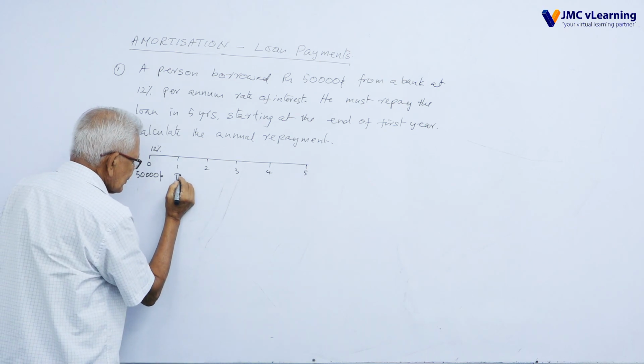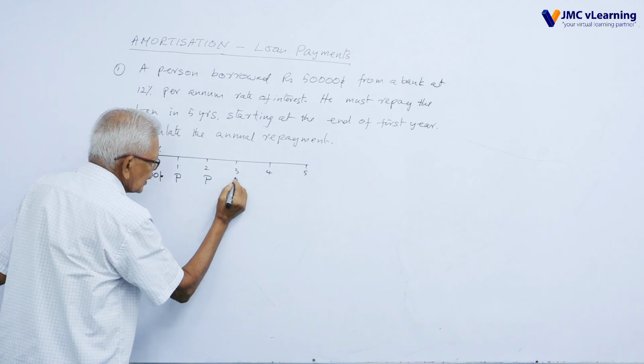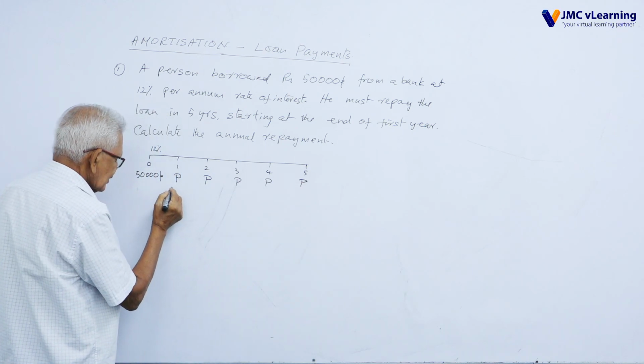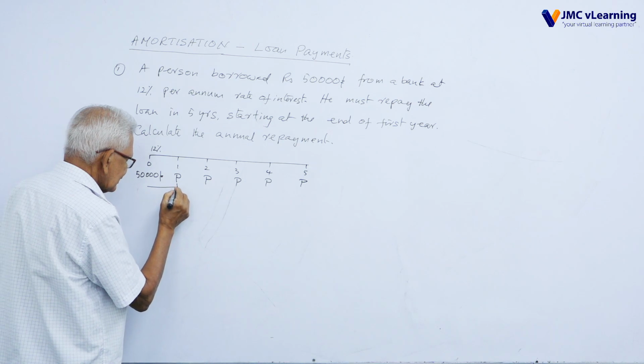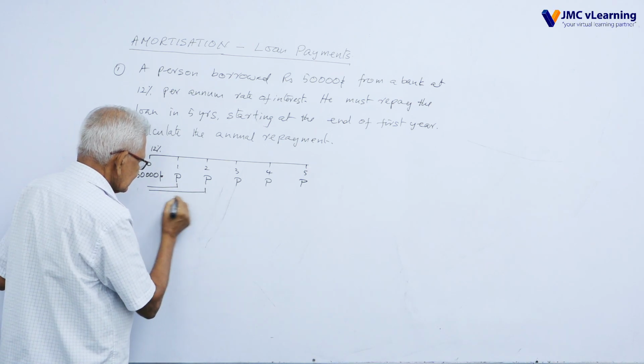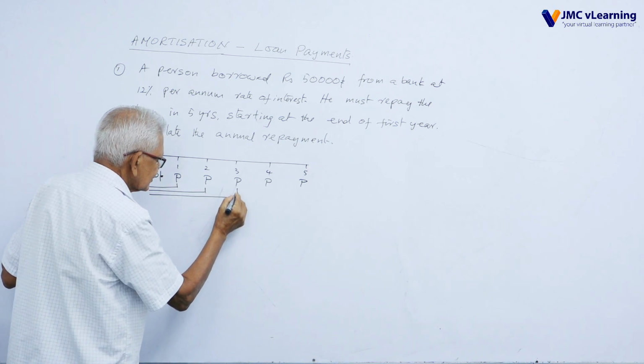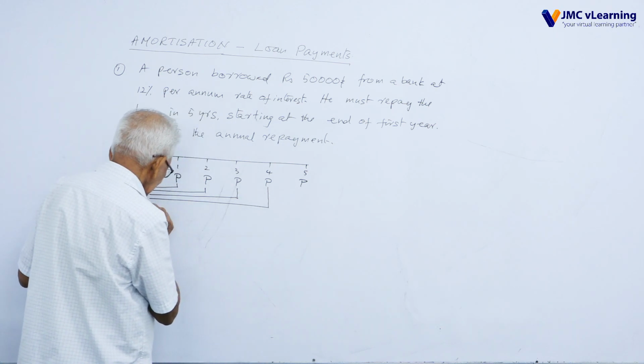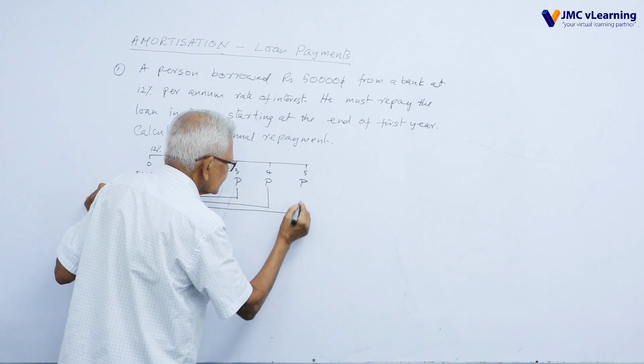Let's take the payment as P. Then you have to discount this by 1 year, this by 2 years, this by 3 years, this by 4 years, this by 5 years.